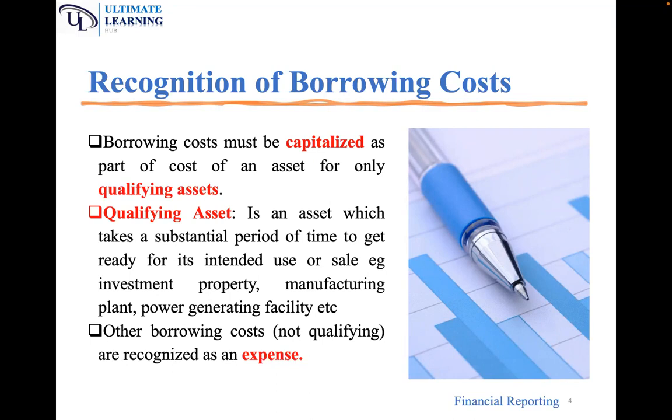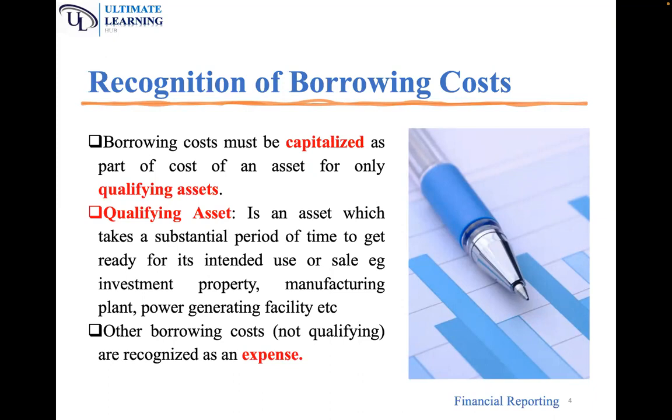In other words, you are capitalizing it. So borrowing costs should be capitalized for qualifying assets. I think this is different from what we know. We normally know that interest is an expense, but now in IAS 23, we are saying that some interests are not expenses. Some interests are non-current assets, are capitalized.